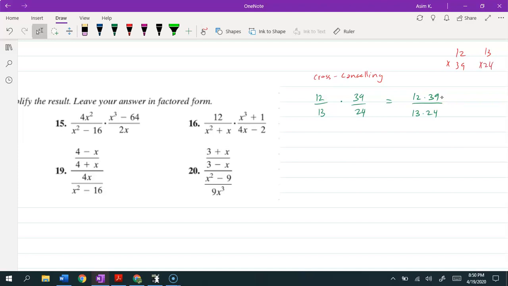That's going to take you a while, and you don't have a while, right? So one thing I would recommend is you look across, all right? And if you look across, you'll notice that the 12 and the 24 can simplify one another to 1 and 2. Similarly, the 13 and the 39 can simplify each other to 1 and 3.